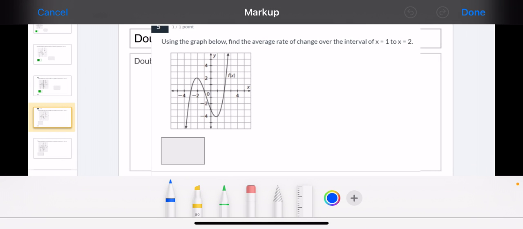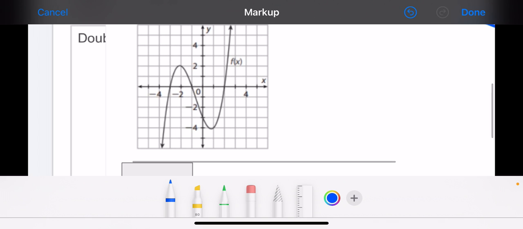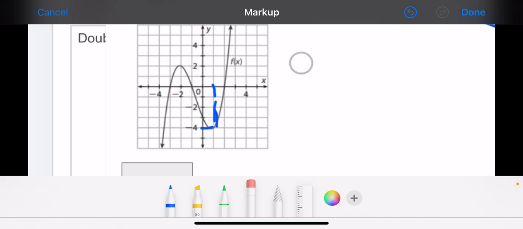Using the graph below, find the average rate of change between 1 and 2. So 1 again, we already know is -4.